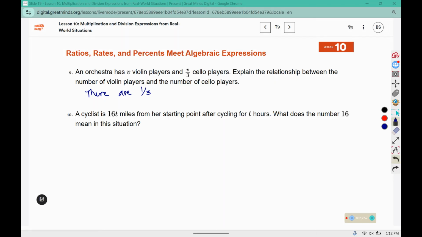No, I said that backwards. There are a third as many cello players as violin players. Because the cello players were the violins divided by 3, so the violins is more. There are a third as many cello players as violin players.